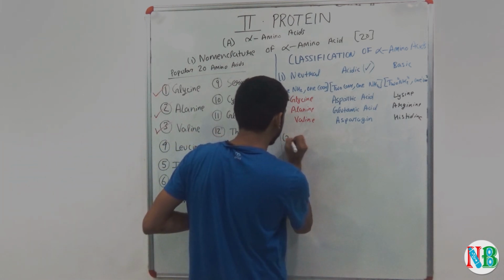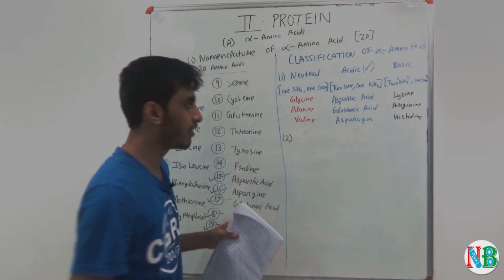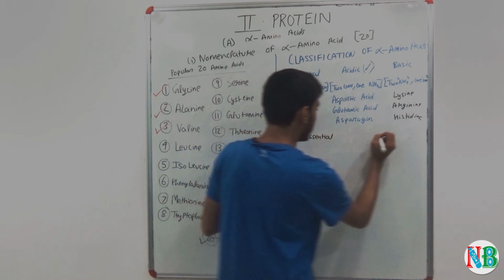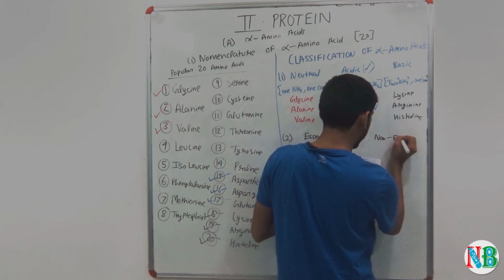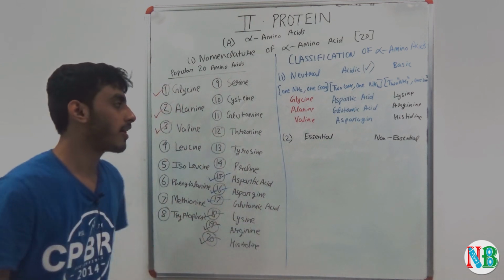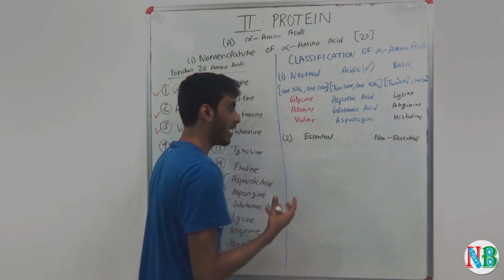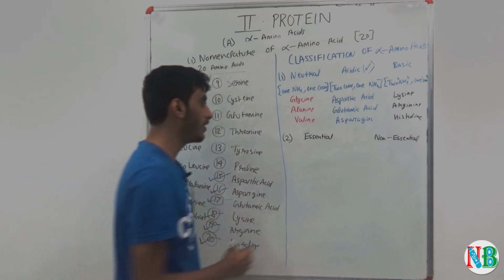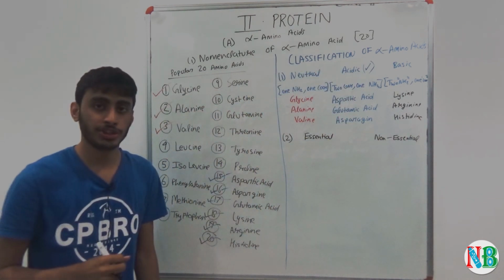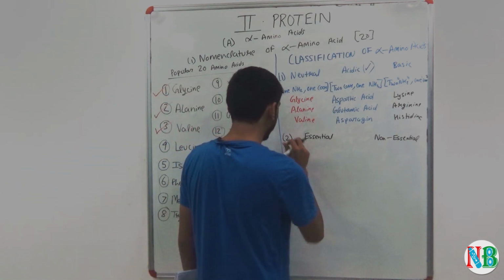The second type of classification is based on whether the amino acid is essential for us or not. So there is a term called essential and a term called non-essential. Can you explain one thing: suppose you have a phone, is the phone essential or non-essential? Suppose you don't have an iPhone, you have a small phone.